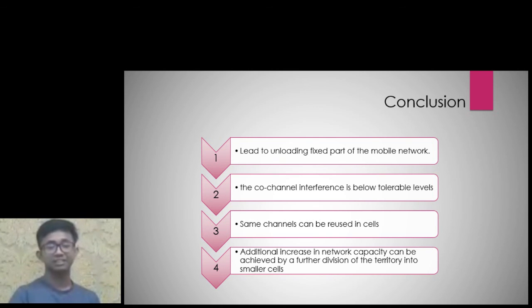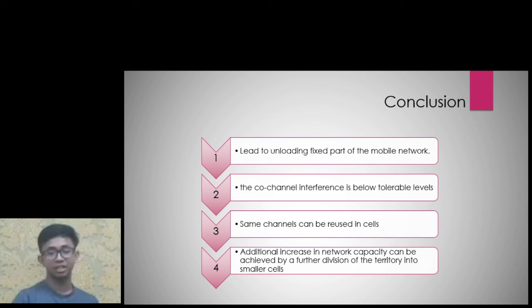Next, the channels can be reused in cells. Other than that, the cross-channel interference is below tolerable levels. Finally, an additional increase in network capacity can be achieved by a further division of the territory into smaller cells.